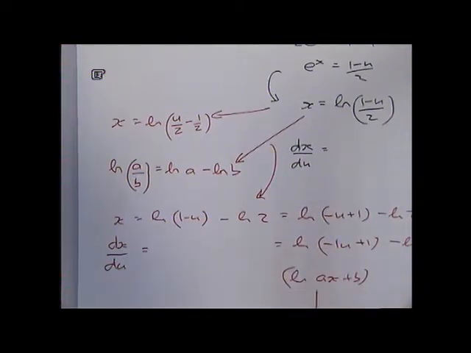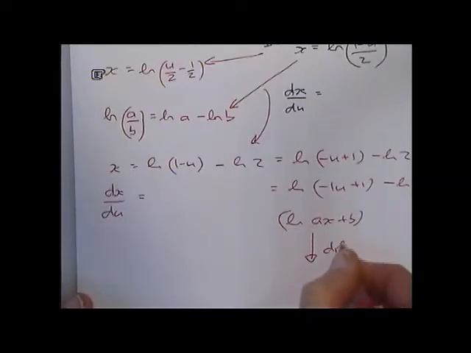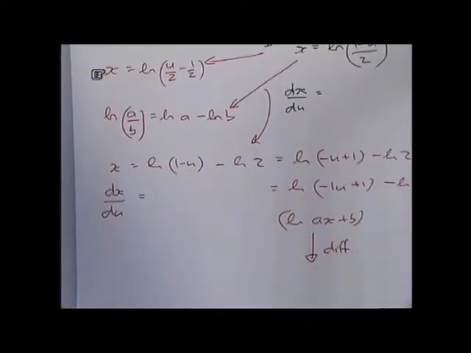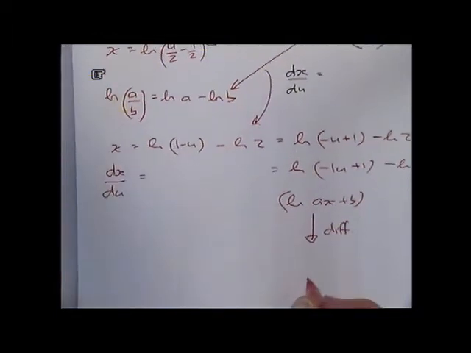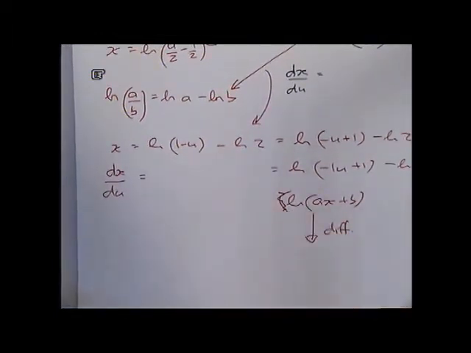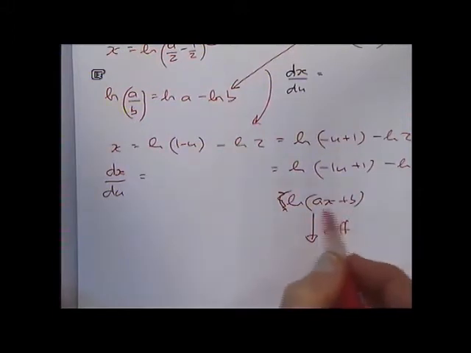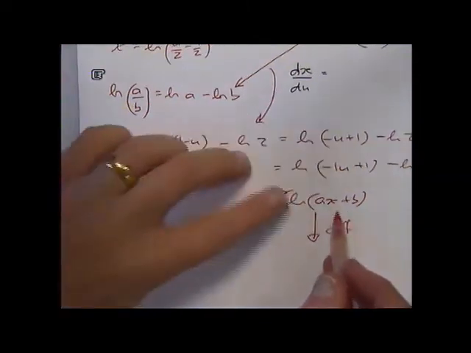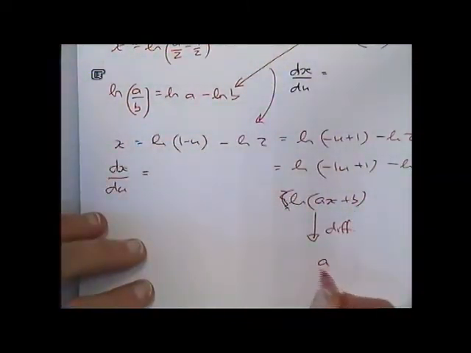So if you differentiate that, what do you get? You're pretty much right. It's the derivative of the bracket. What's the derivative of the bracket? Just the derivative of just the bracket. Yep. Over ax plus b.